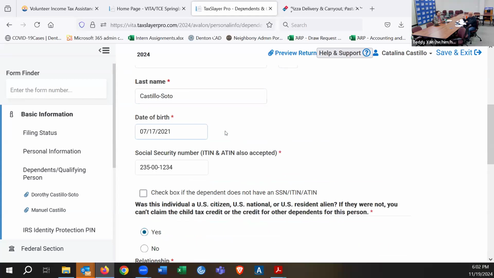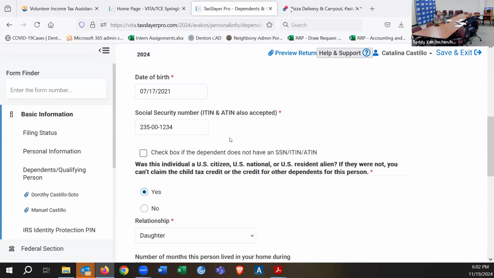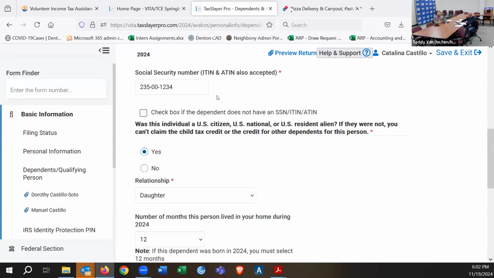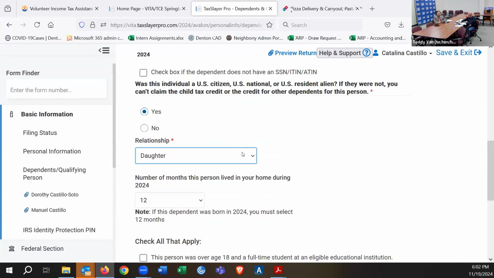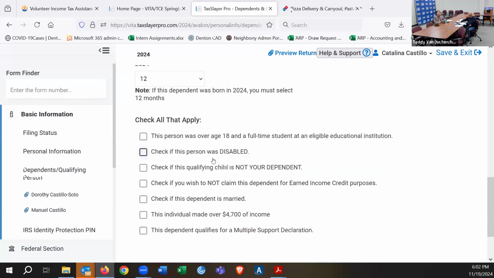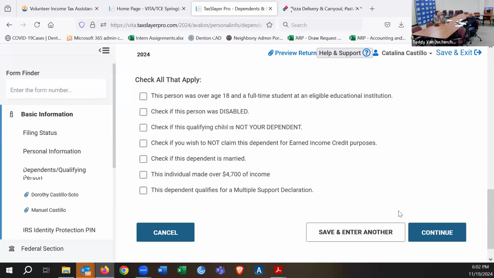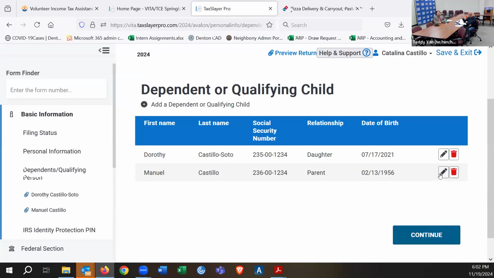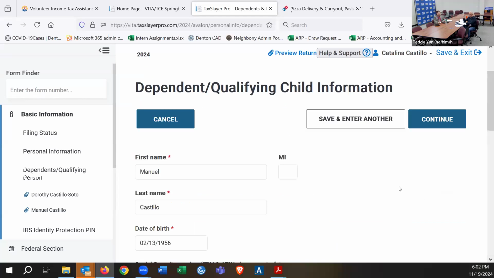And then her date of birth, her Social Security number. She is a US citizen, she's her daughter, and lived with Kat for all 12 months. Click save and enter another, and then enter Manny or Manuel.